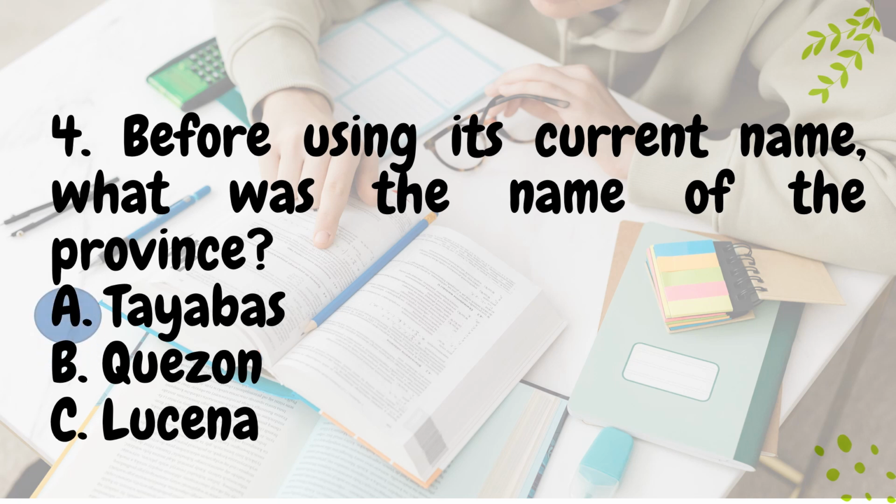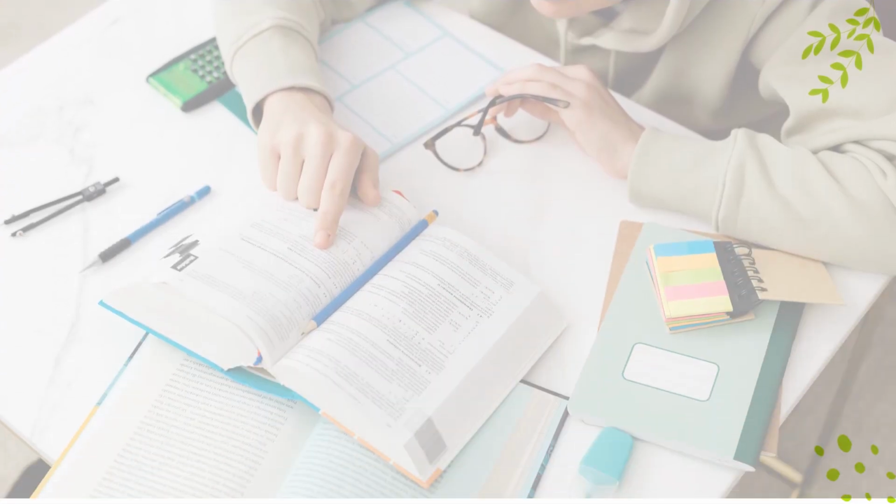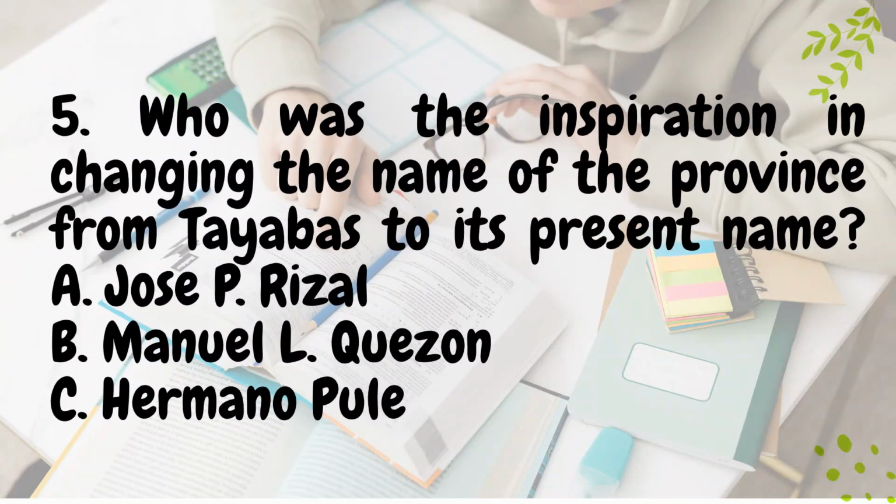Before using its current name, what was the name of the province? It's letter A, Tayabas. And for number 5, check your work honestly. Who was the inspiration in changing the name of the province from Tayabas to its present name? Okay, it's Manuel L. Quezon, definitely, obviously.